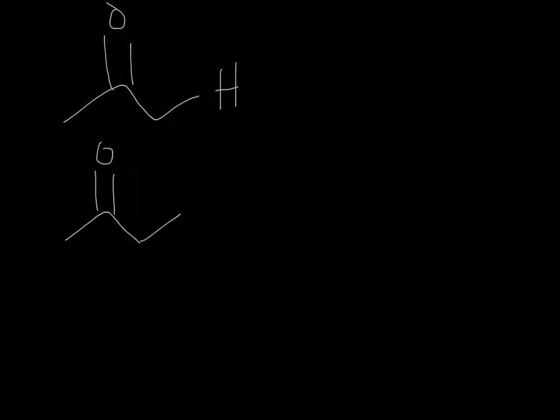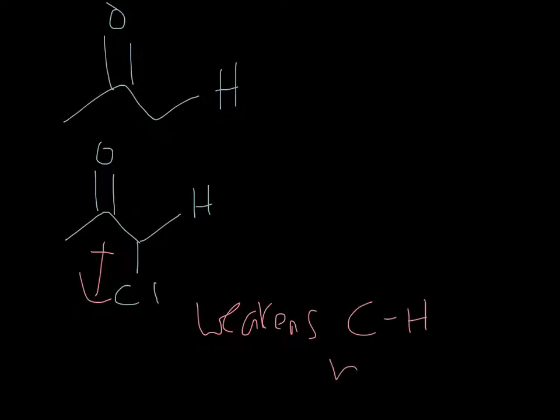We can influence the acidity of that proton at the alpha position by introducing different groups. So for example, if we took these two examples here, this chlorine is electronegative. It's pulling electron density away via induction, and it's weakening the bond. And that makes it more acidic, so it's got a smaller pKa.